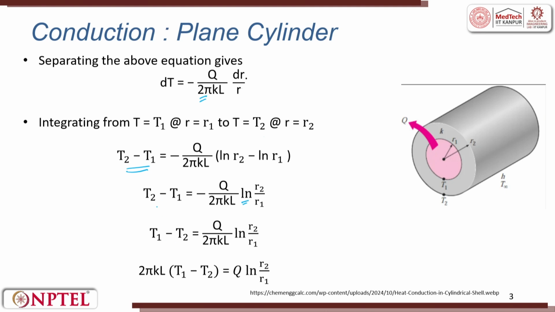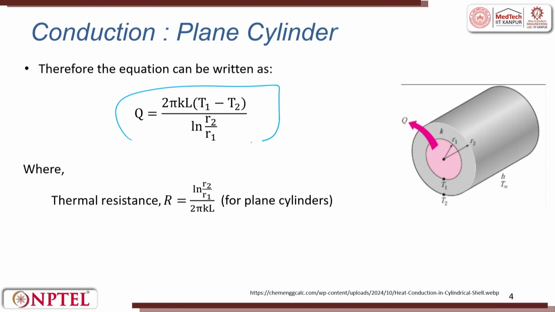So T2 minus T1 is equal to minus Q by 2 pi KL natural logarithm of R2 by R1. Now when we swap over, T1 minus T2 is equal to this, the minus sign goes away, natural logarithm of R2 by R1. So finally, 2 pi KL goes here into T1 minus T2 equal to Q times ln R2 by R1.